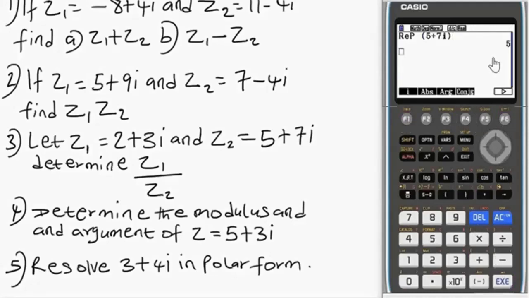It gives me 5 as the real part. Alright, if you want to get the imaginary part, all you have to do is adjust it here and remove this, replace it with imaginary, F2, press execute, 7. Alright, so this is basically how you can solve problems involving complex numbers using the Casio fx-CG50 graphical scientific calculator in seconds.